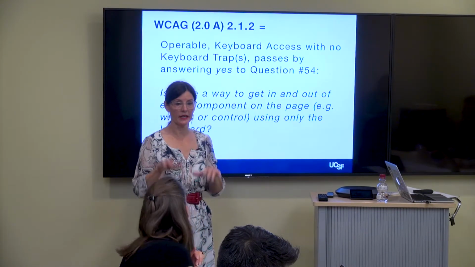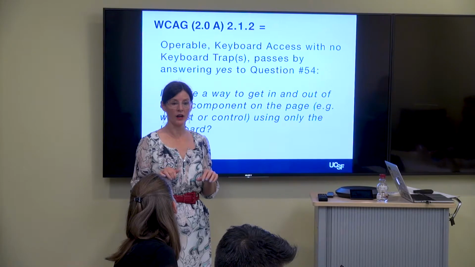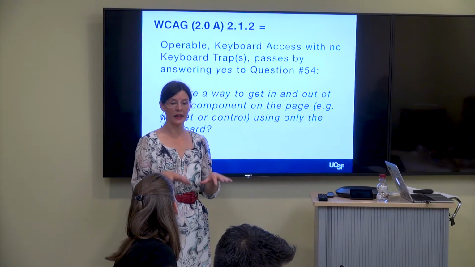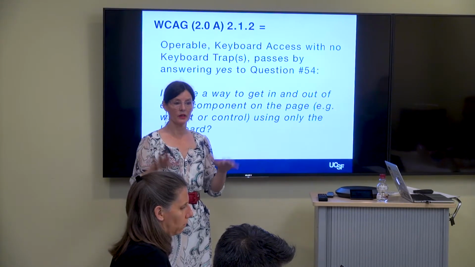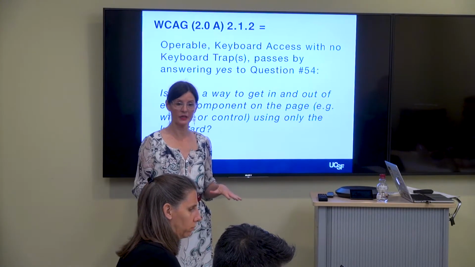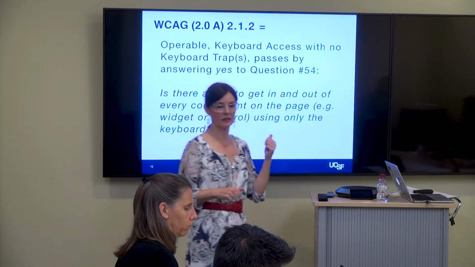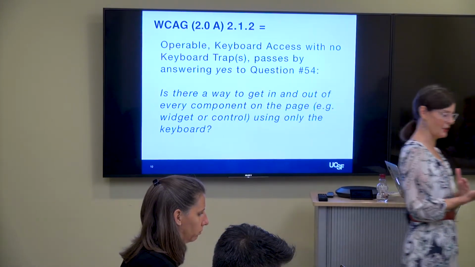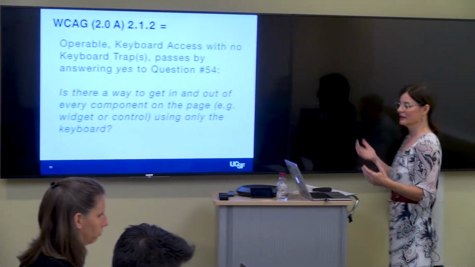So you would do a keyboard test. Can I get around everything, in and out, escape, using just a keyboard? If you say yes, it can do this, then you pass that test. So that's how it's broken down in WCAG.